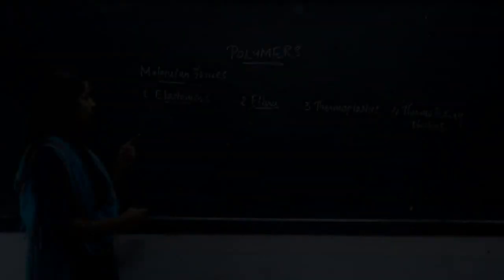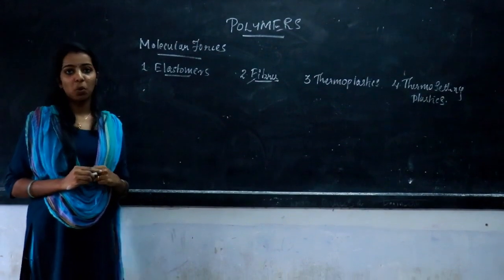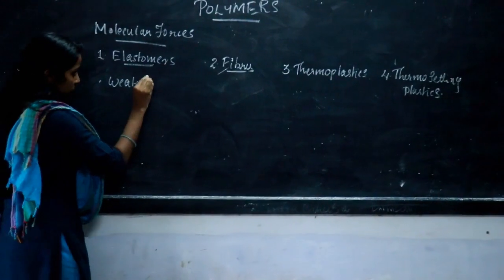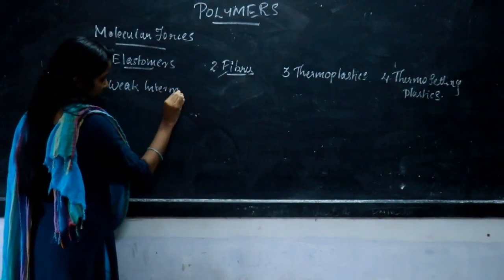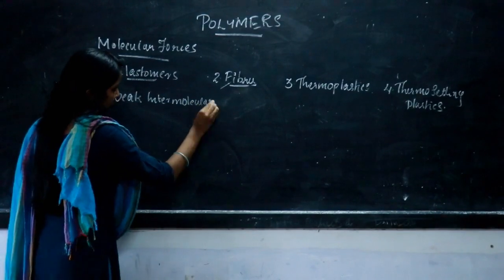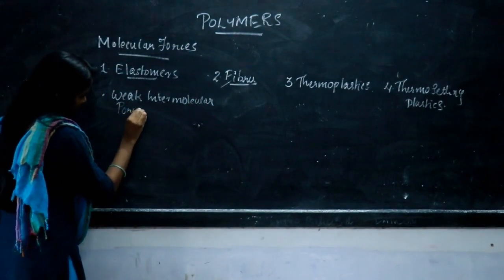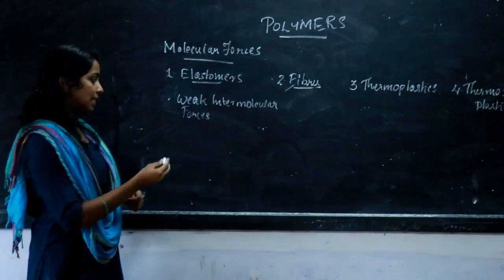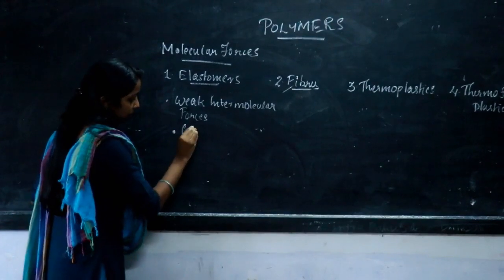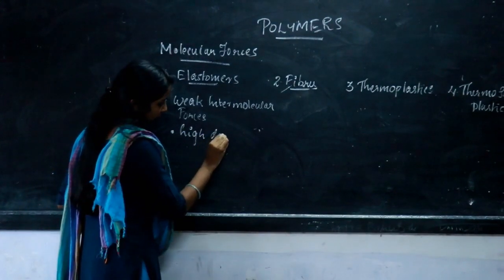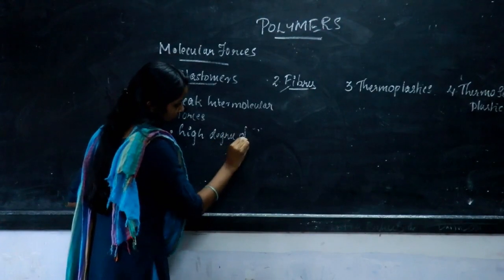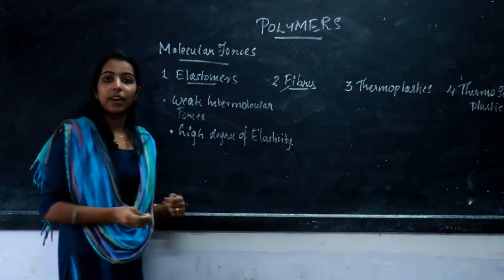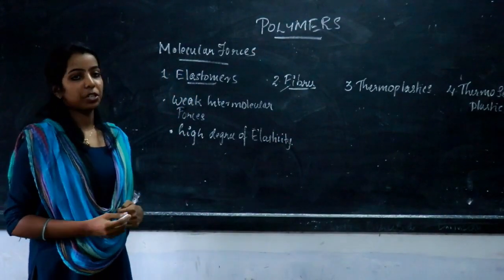Now elastomers. In elastomers, there are weak intermolecular forces between the polymeric chains. They have high degree of elasticity. They are rough, tough, and stretchable.